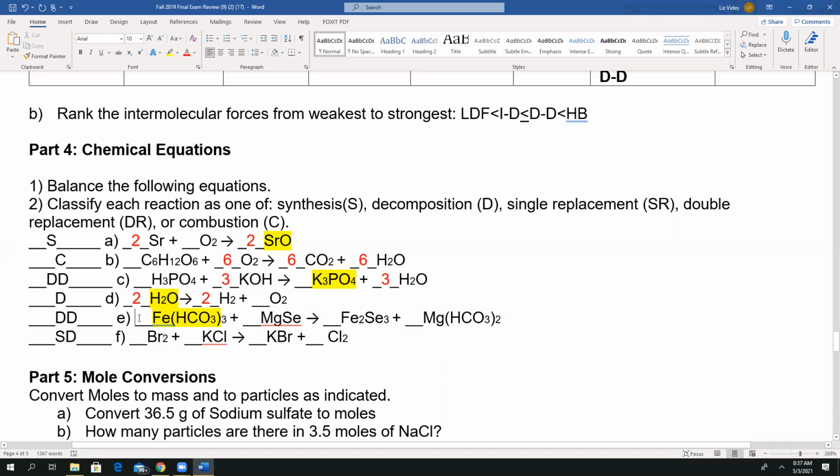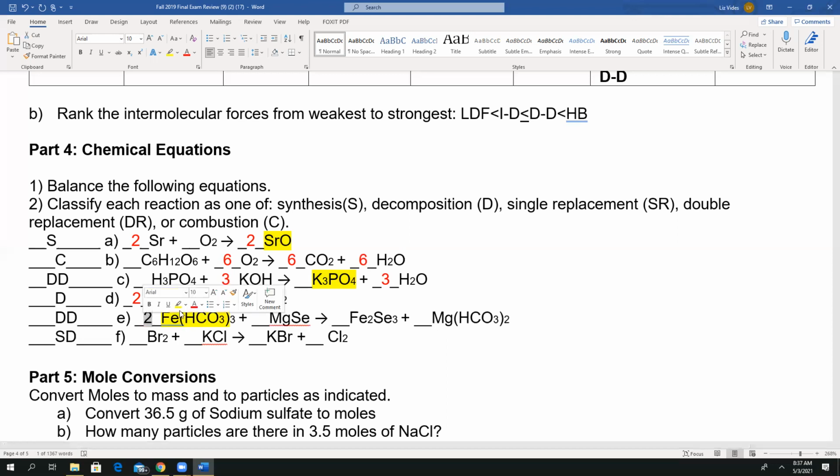So we're definitely going to need a 2 in front of this one. Gotta have that 2 because that makes 2 irons. Now we're balanced there. Now what's not balanced is the HCO3s. And we need 3 in front of this, right? Because that makes that 6. Because see, here's 2 times 3 is 6, and here 3 times 2 is 6.